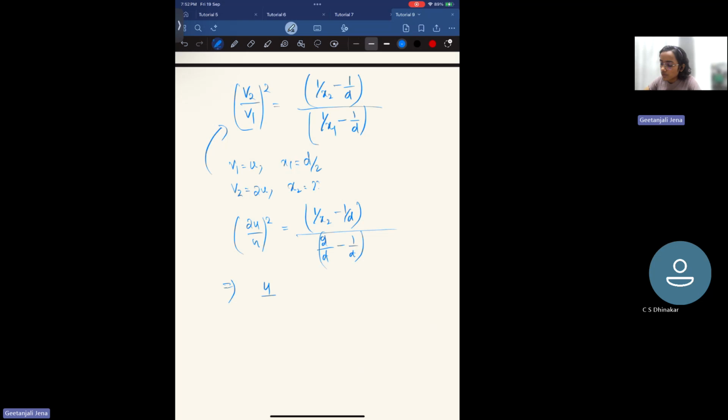So this will give 4 equal to (1 by x2 minus 1 by d) times d, so x2 is d by 5. So when it reaches d by 5 from the plane, the velocity would be twice of u.